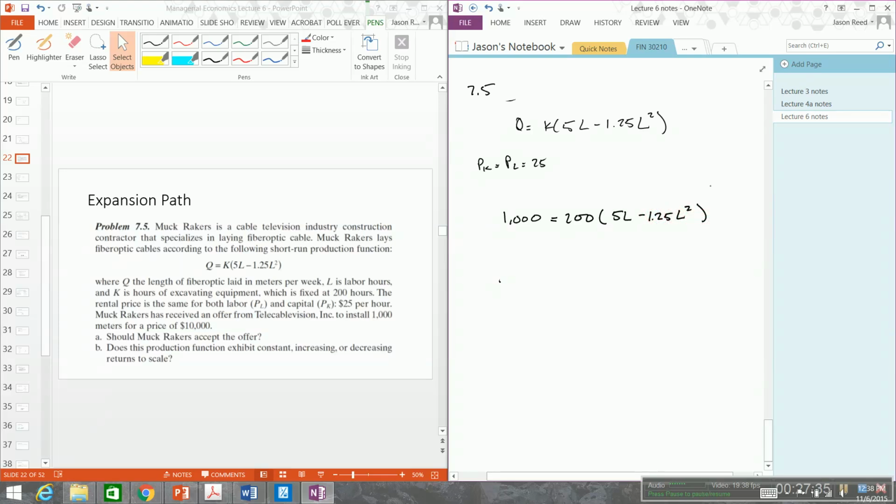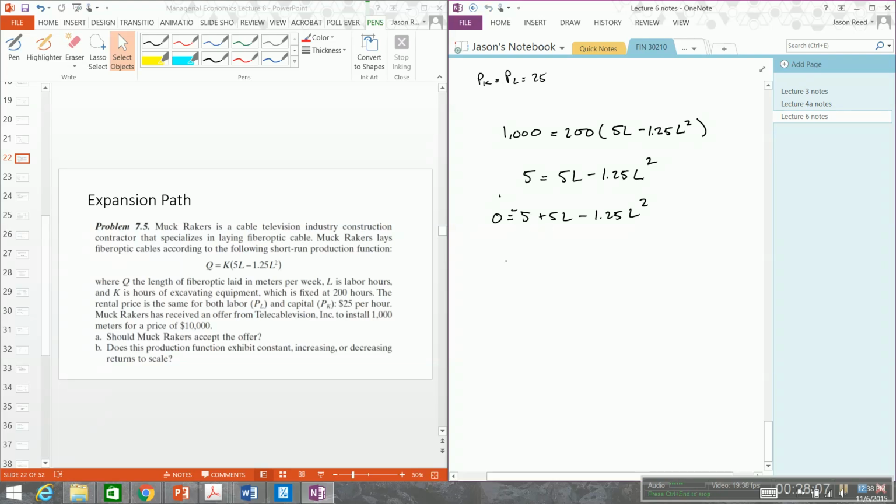And so essentially what we could do is start solving for this L. So we could divide both sides, so we have 5 is equal to 5L minus 1.25 L squared. So let's set this equal to 0 is equal to negative 5 plus 5L minus 1.25 L squared.